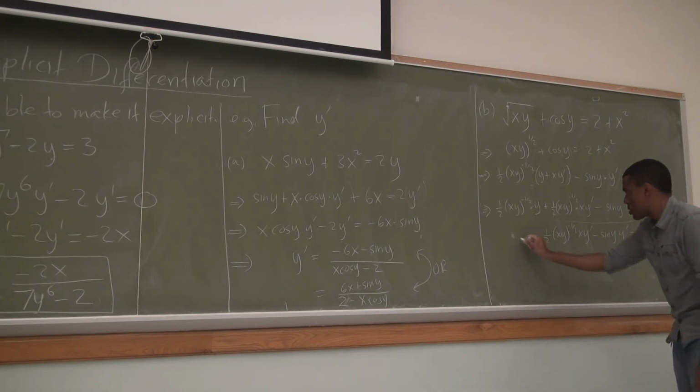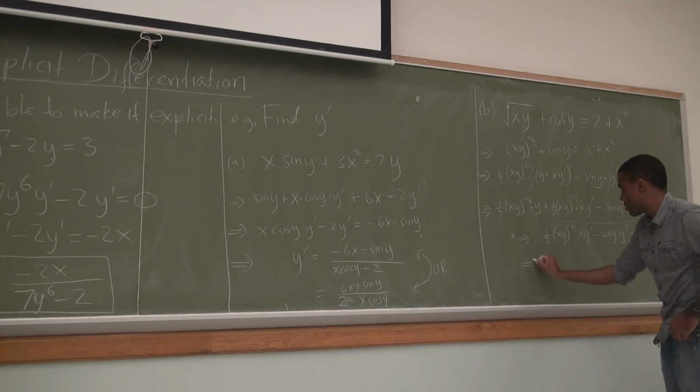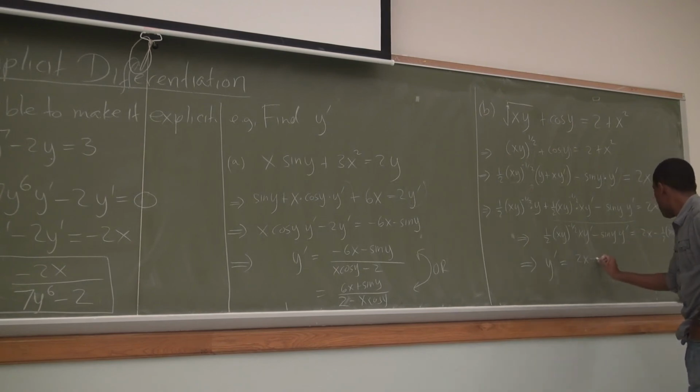So now this means y prime is equal to 2x minus 1 half xy minus a half y.